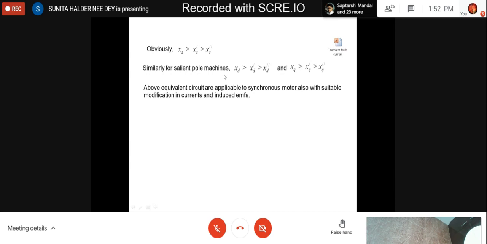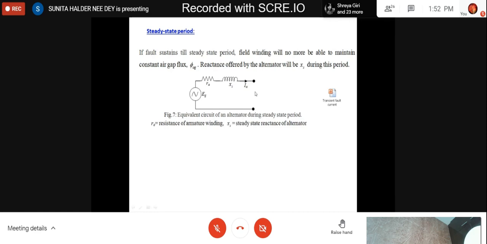Understood? Ma'am, could you please explain why the field reactance is not present in the steady state condition? Under fault condition, the field cannot maintain the air gap flux, because if the current is higher, it cannot maintain it for a long time. So it will be represented by this one.